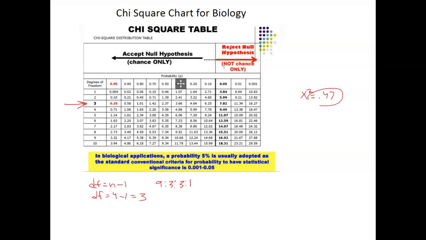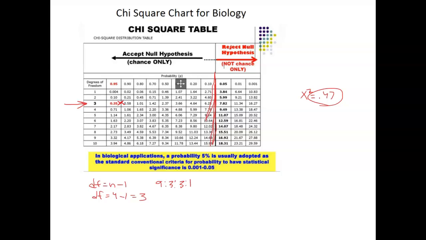Our number, if you recall, is 0.47. If I go along this route, I find that 0.47 is somewhere between 0.35 and 0.58. And here's the magic line right there.